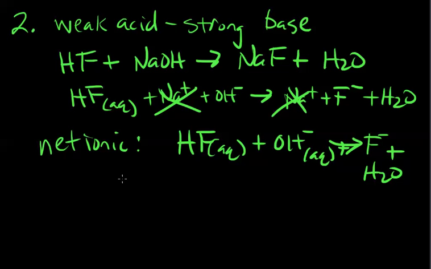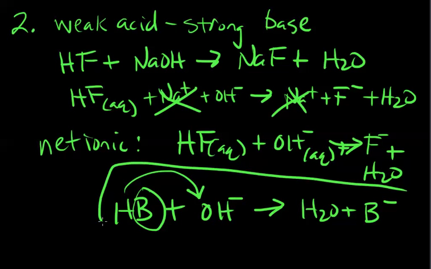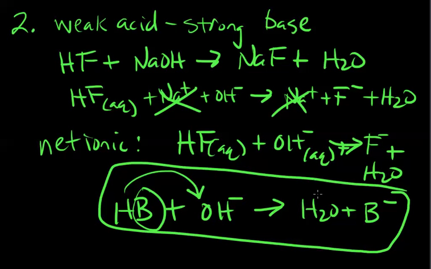And so it's going to give you a general formula of your weak acid plus hydroxide ions will produce, this H will go over here, and you will get water plus whatever the negative ion is in your weak acid. So this is the general reaction for a weak acid plus a strong base.